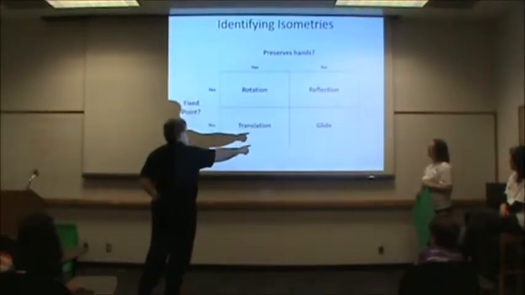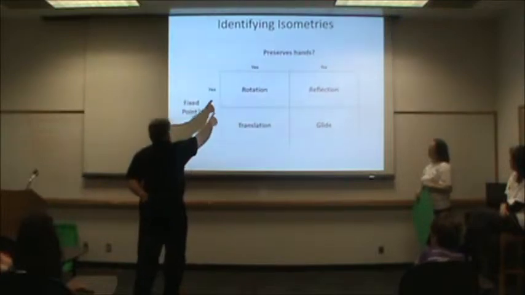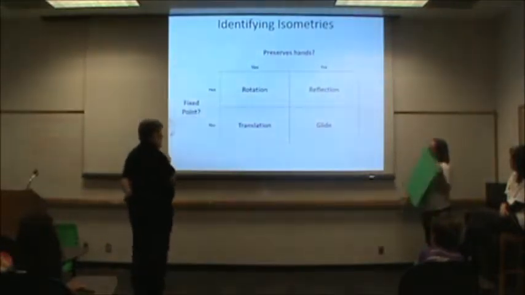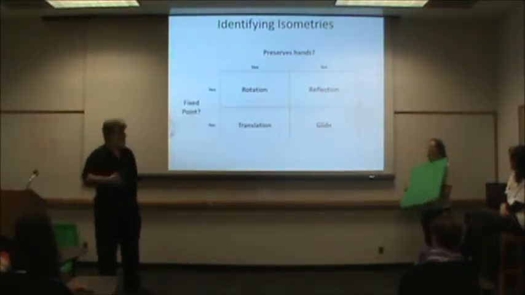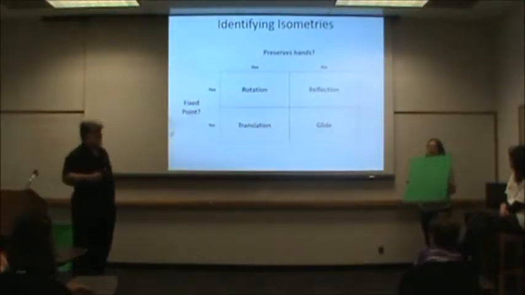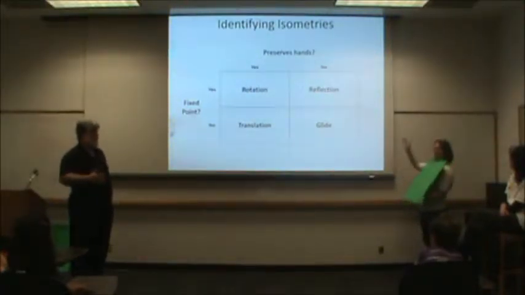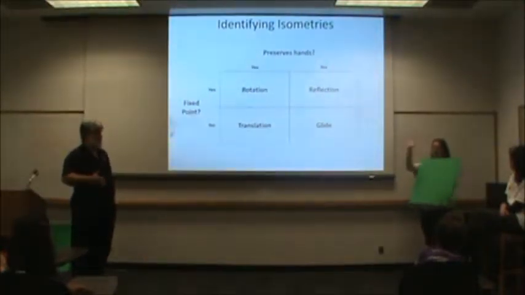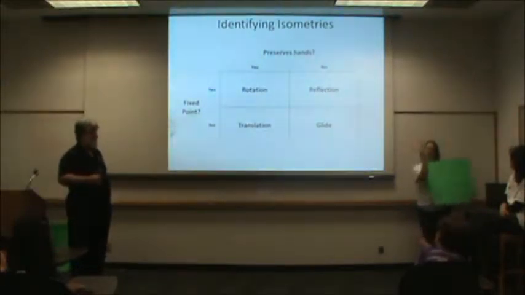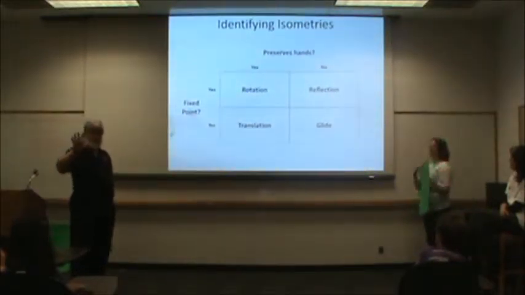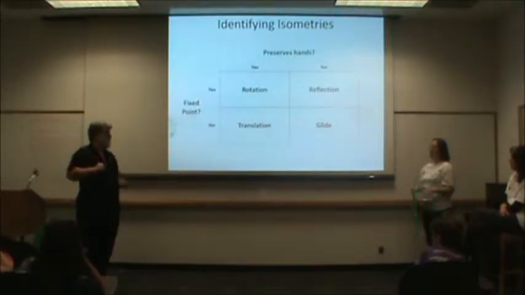If your hand is preserved, then you may have done a rotation or a translation. When we say preserved, it's not like your hand becomes a foot. It goes from right to right. It stays like the right hand, it doesn't become the left hand.